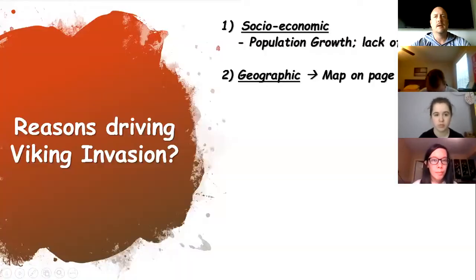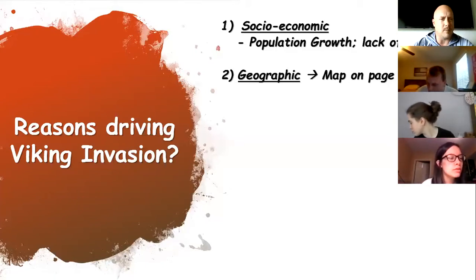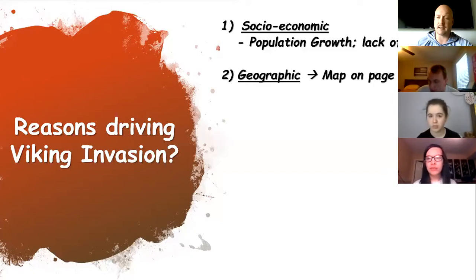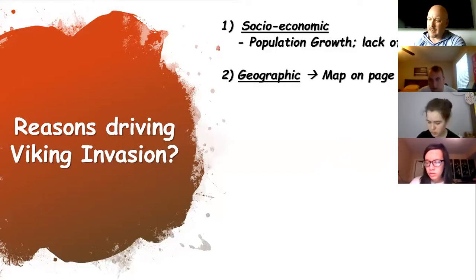Two, if you want to take a look at that map on page 188, one of the biggest reasons why the Vikings attack continental Europe is simply geographic. If you're looking at Norway, Denmark, Sweden, simply the way that the North Sea coastal waters move means all you really have to do is put a boat in the water, and a lot of those coastal currents will take you down into areas on the coast of England and the coast of France.